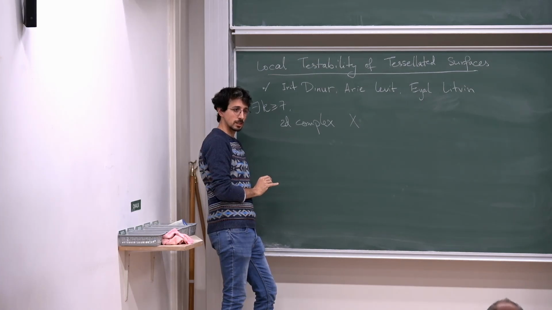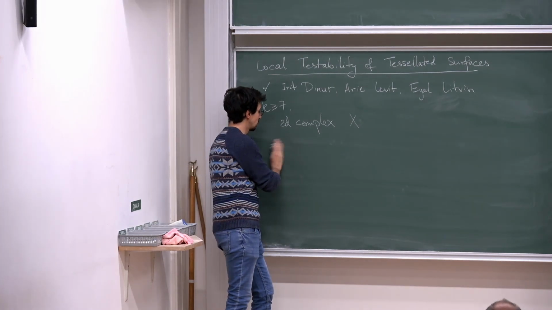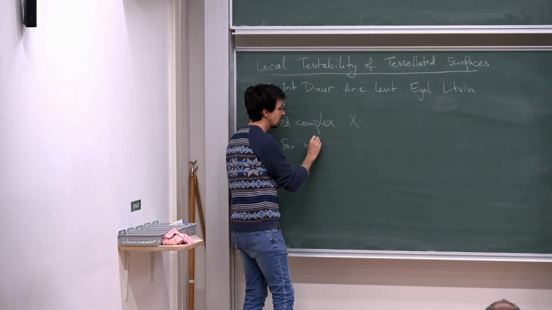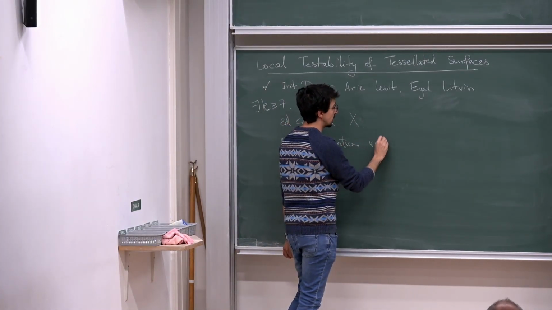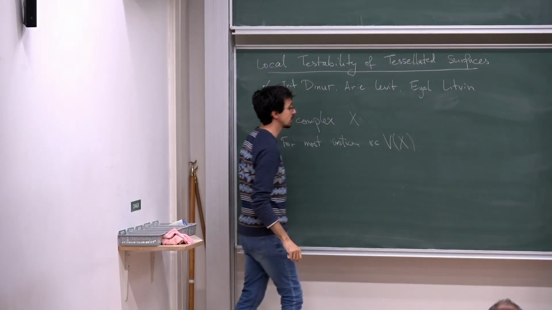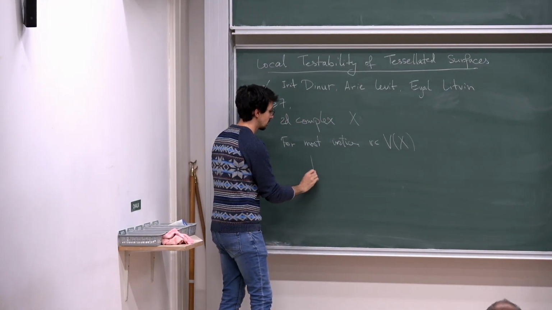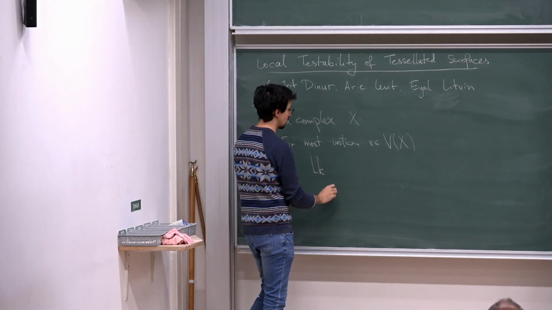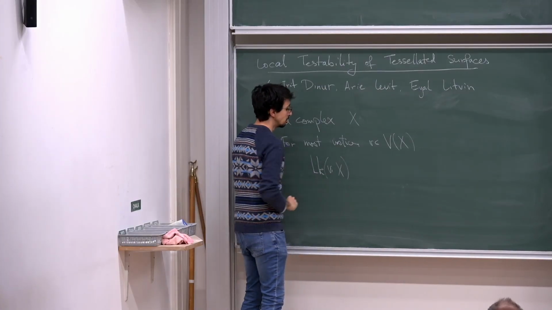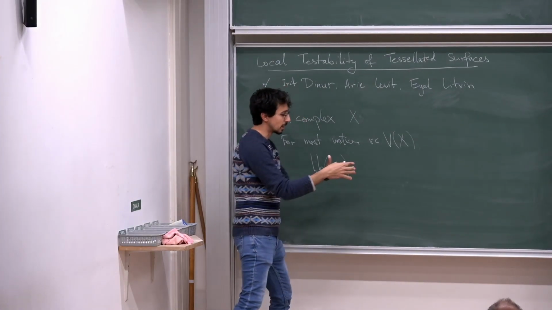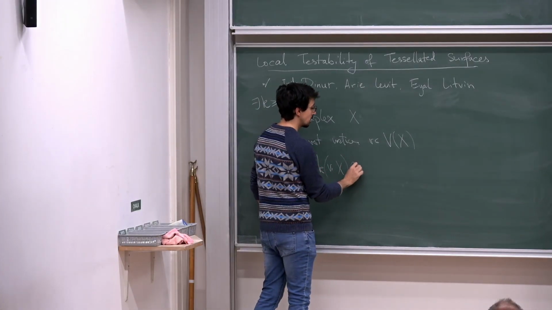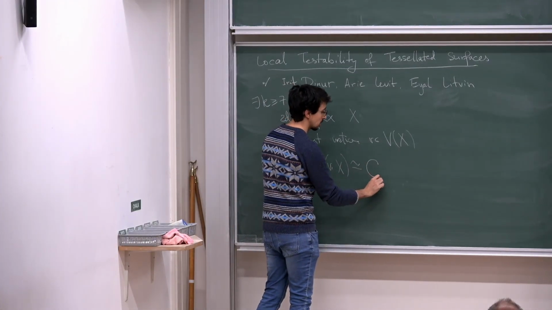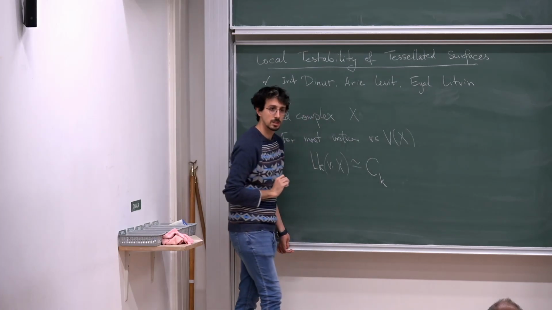I shouldn't say for all, so for most vertices v of X, the link of v in X, meaning the combinatorial structure that the vertex sees around it, is the k-cycle.